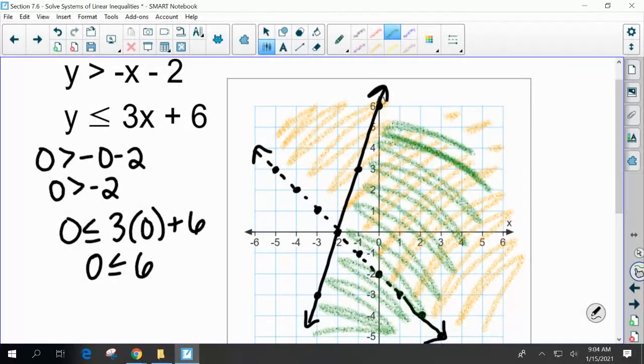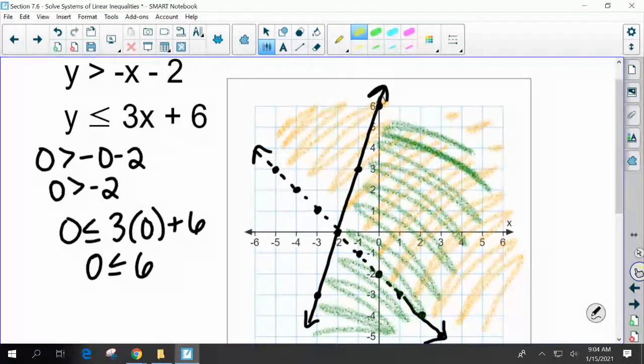It works much better on a piece of paper for your colors to overlap than it does on a smartboard. But where my colors overlap is the solution area, is where you're going to have a solution. So I'm going to go through with a third color and darken my solution.